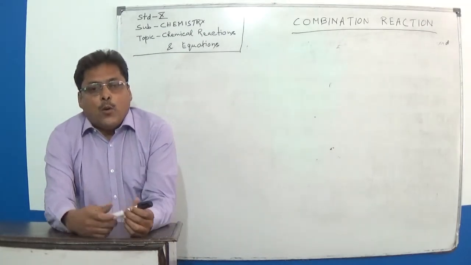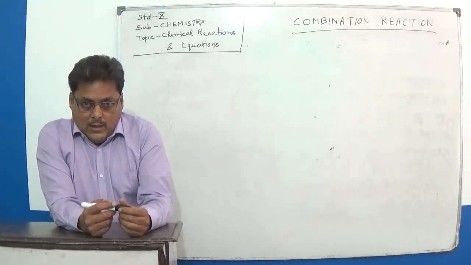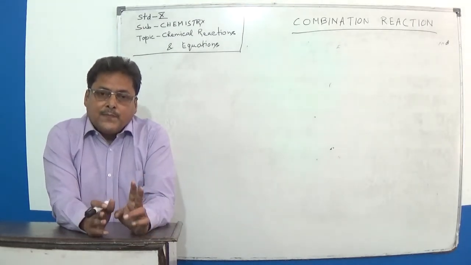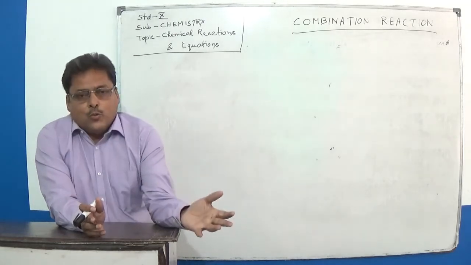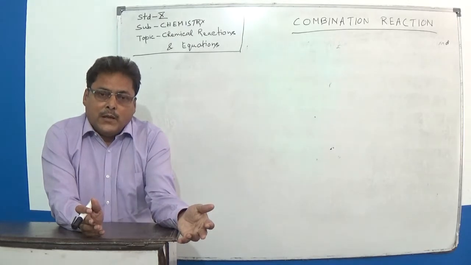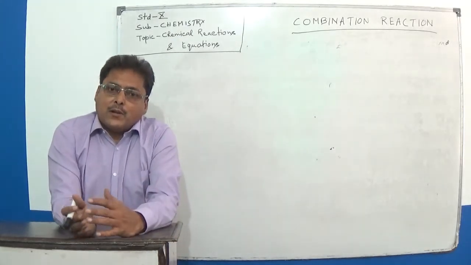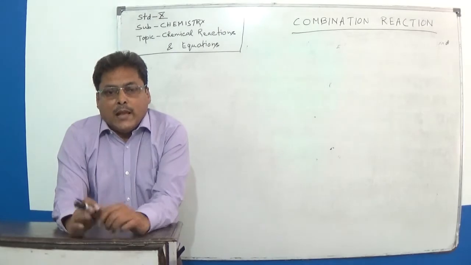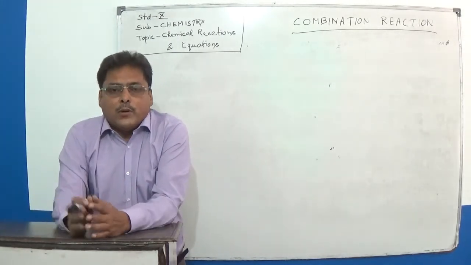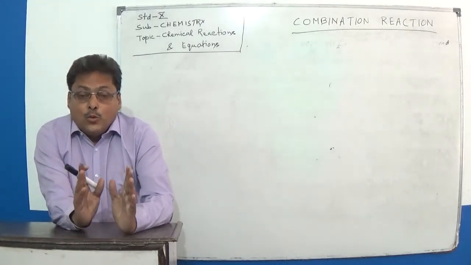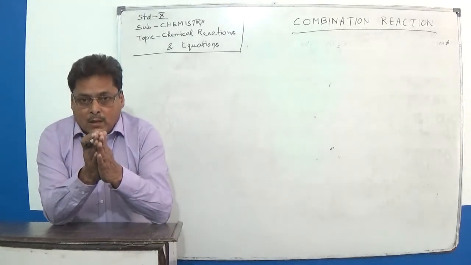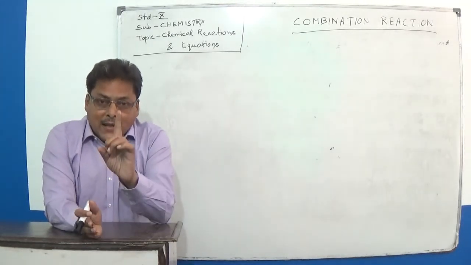Mark it. What is a combination reaction? Combination reaction is such a reaction in which 2 or more than 2 elements or compounds, it may be elements plus elements, elements plus compound, compound plus compound, combine to produce a single compound.